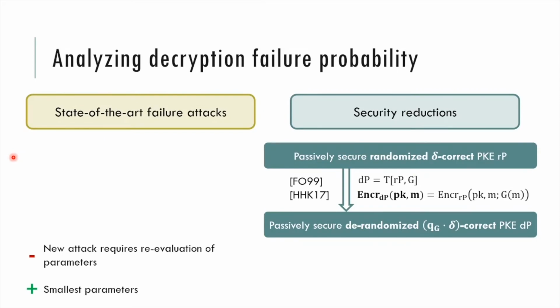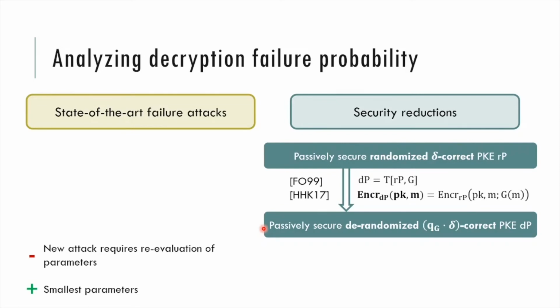The Fujisaki-Okamoto transform gives a tool to transform a passively secure randomized delta-correct public key encryption scheme into a de-randomized public key encryption scheme.